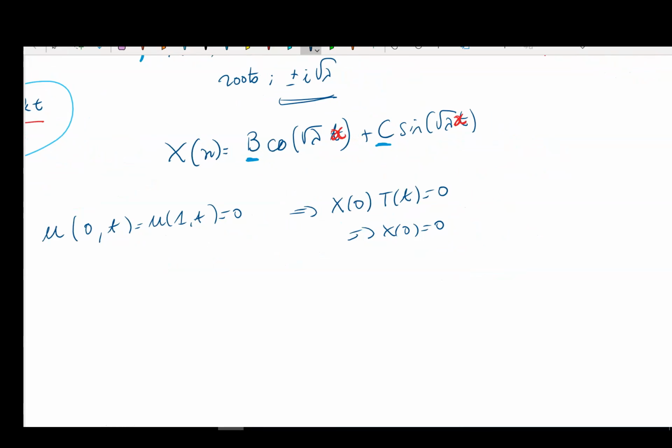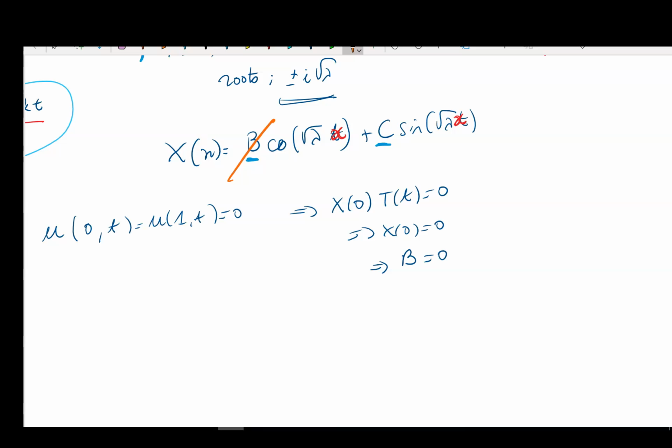What is capital X of 0 in what we have found? It's b times cosine of square root of lambda times 0, so that's 1, plus c sine of 0, which is 0. So that implies that b is equal to 0. Good, we've already gotten rid of one of the constants I have to find.